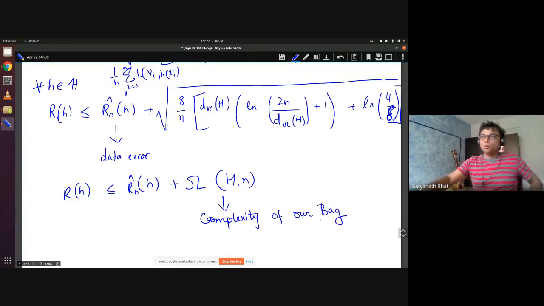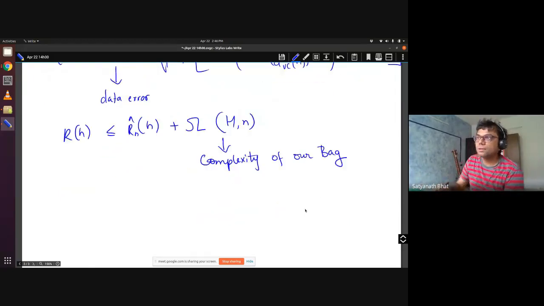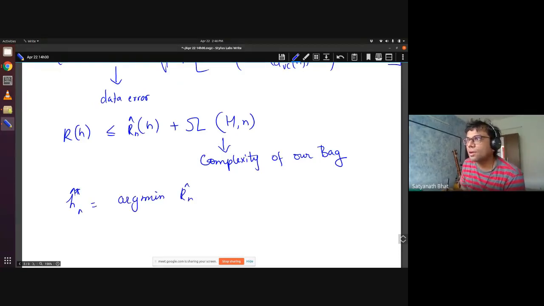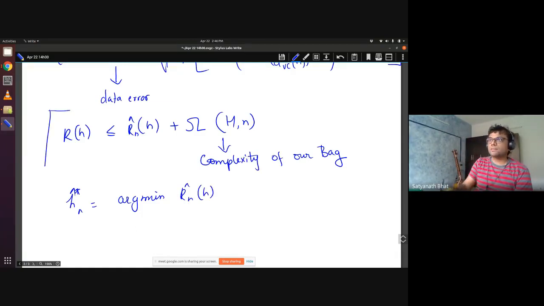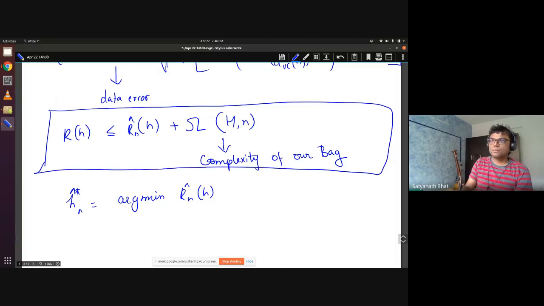Now at this point we can make one important conclusion. What did we do when we tried to learn? We tried to find hn hat star, which was the argmin of Rn hat of h. However, looking at this expression, we should not be doing just this, because we are only minimizing one of the terms of the upper bound.